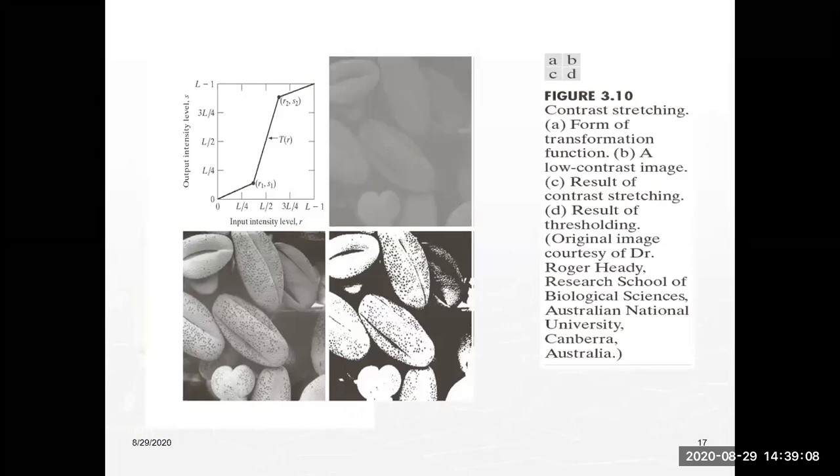Like even on your television, we increase or decrease the contrast value, and depending upon your contrast value, the image clarity may increase or decrease. Same here. B is your original image with low contrast, dull.